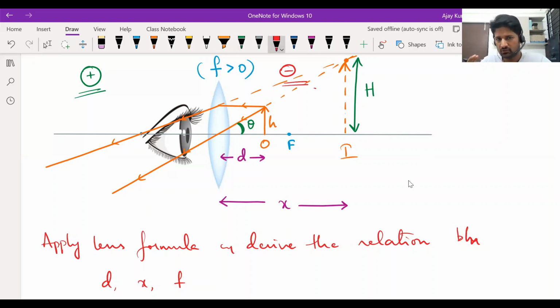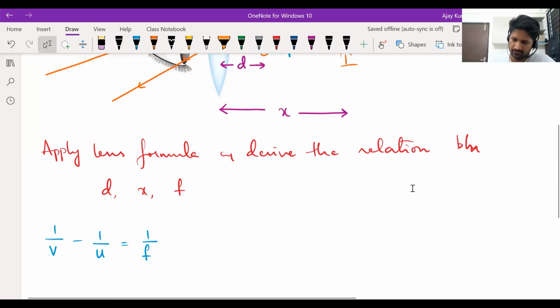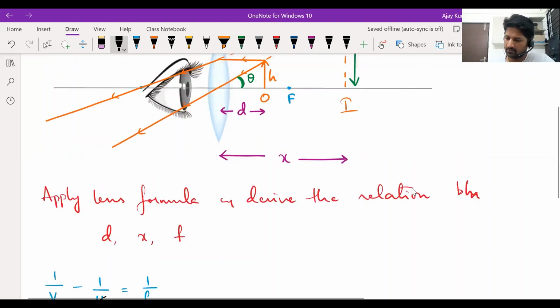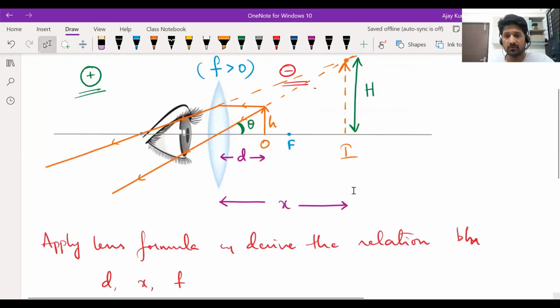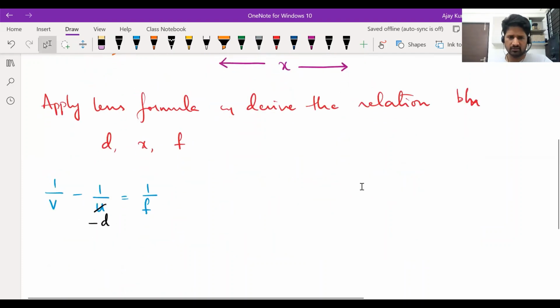So tell me, when you substitute the object distance d in the lens formula, should you take it as plus d or minus d? Sir, minus. Correct. It's on the negative side. So object distance is minus d. Fine. Image distance x. Will you substitute as plus x or minus x? Minus. It's also on the negative side. Correct.